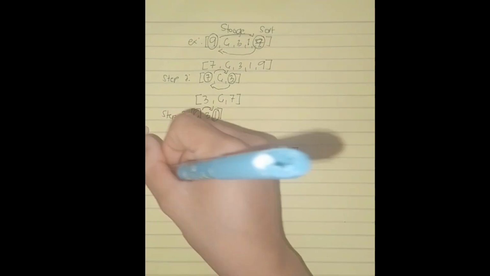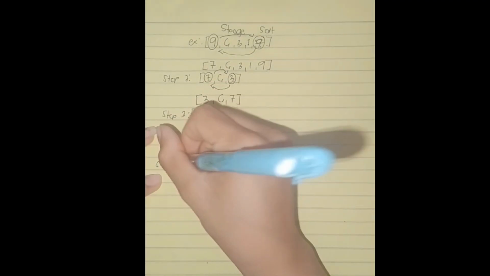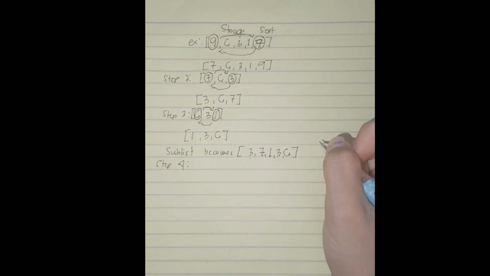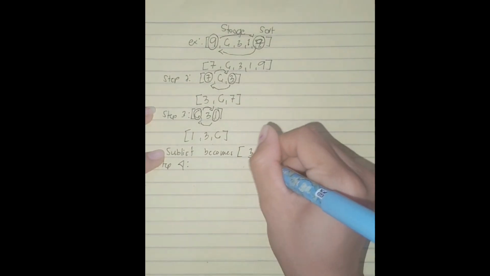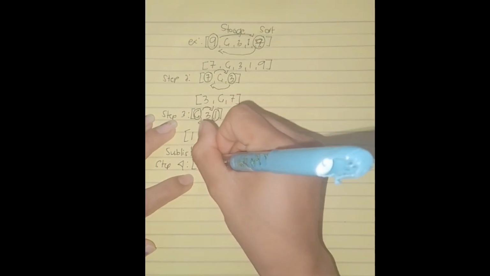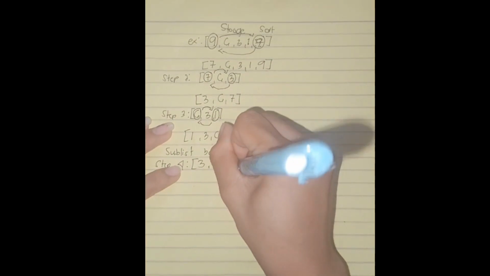Sa step 4 naman natin, sort first 2 and 2 over 3 again. Kukuha naman daw tayo ng first 3 elements. Ang ating first 3 elements dito, we have a 3, 7, and 1.